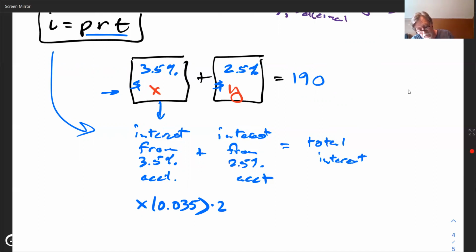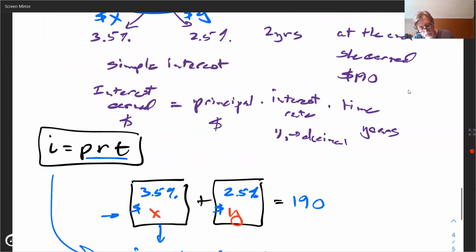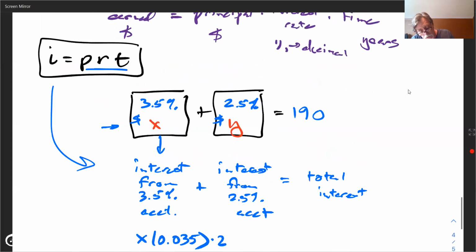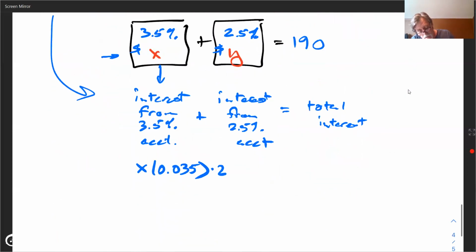That's up here. 2 years. All right. So plus the principal, which is Y, times the interest rate, 0.025, and the time is times 2, and over here's 190.